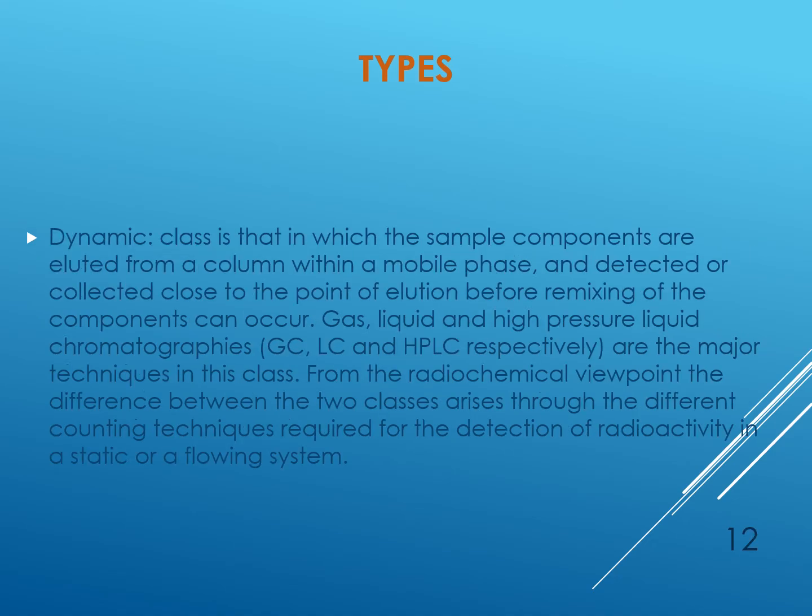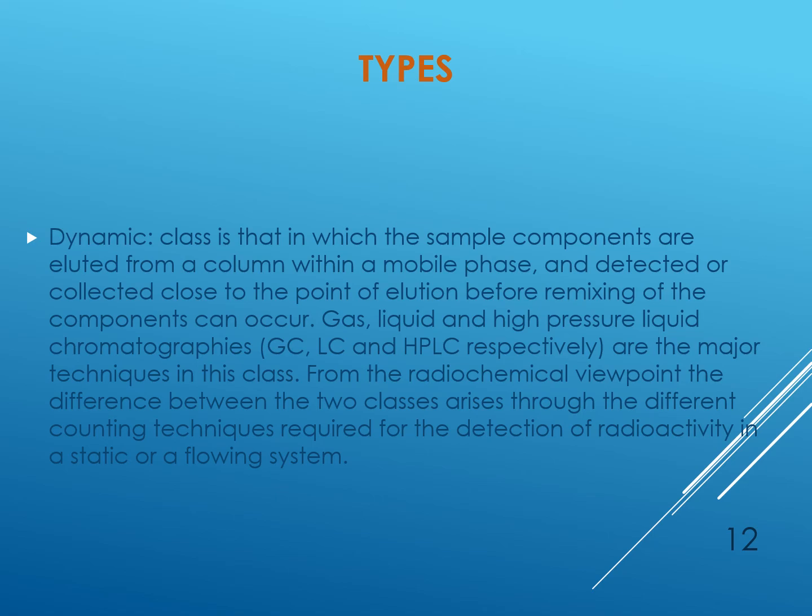Now comes the dynamic type of chromatography. This class is one in which the sample components are eluted from a column within a mobile phase and detected or collected close to the point of elution before remixing of the components can occur.